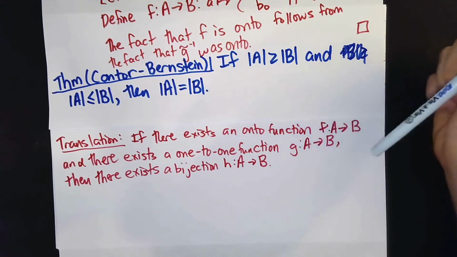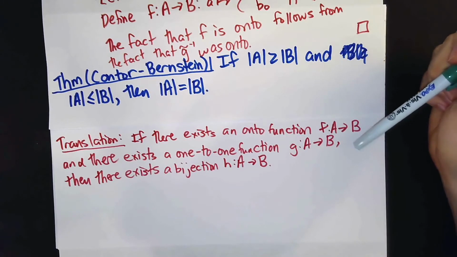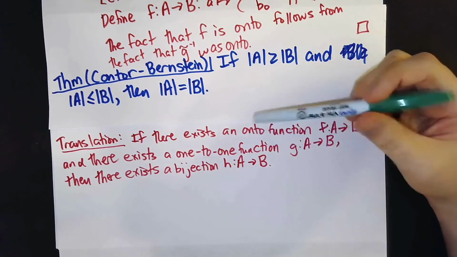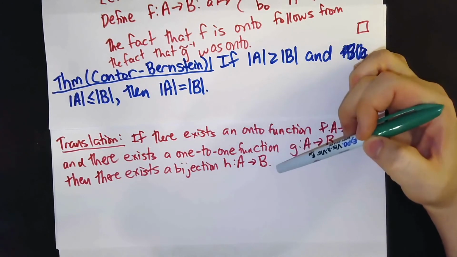One's onto, one's one-to-one. And then from those two functions, somehow, in some mysterious way, we're producing a third function that has both of those properties.